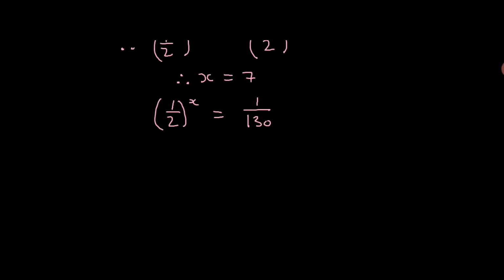In this case, we use logs. And what we do is we take the log on both sides of the equation. So the log of a half to the x equals the log of 1 over 130. And now we use a log rule.